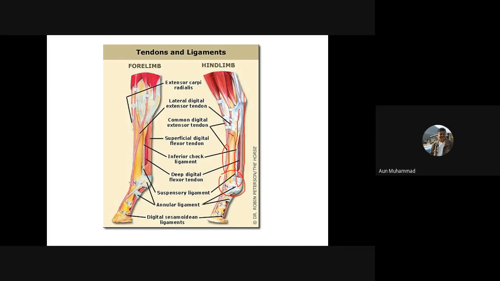Behind these two bones, the third metacarpal and the first phalanx, there are two small bones called the proximal sesamoid bones. Along these two sesamoid bones, the tendons or tendon sheaths of the superficial and deep flexor tendons are passing.